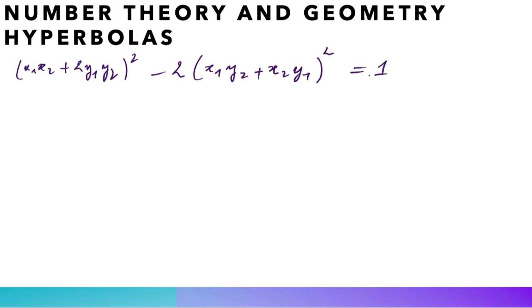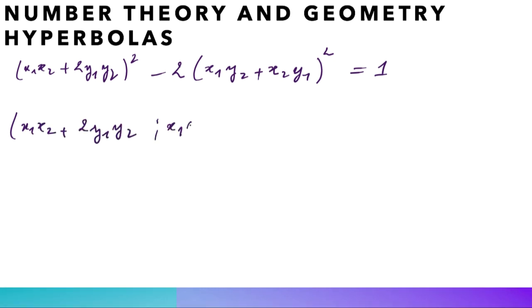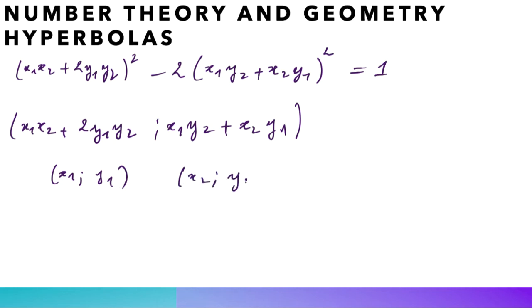This is actually incredible because it means that the new couple (x1 x2 plus 2 y1 y2, x1 y2 plus x2 y1) is a new couple solution to our equation derived from both of the couples (x1, y1) and (x2, y2).